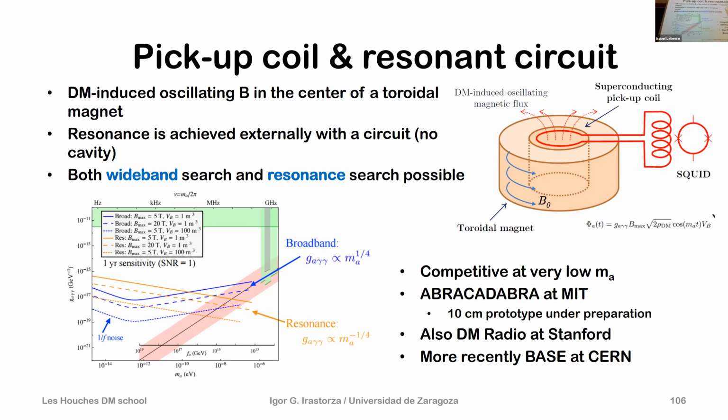So if you go to the lower masses, then of course to aim for a resonance in a cavity is impractical because of too big cavities. But then one can have a resonance in a different way.